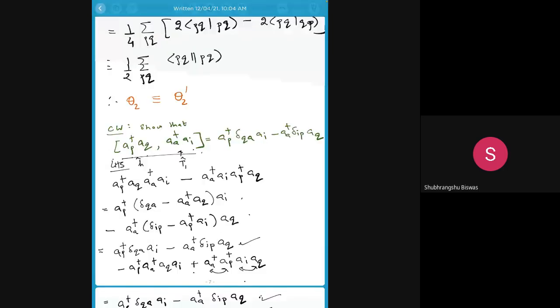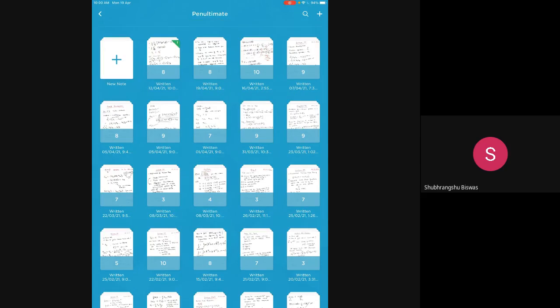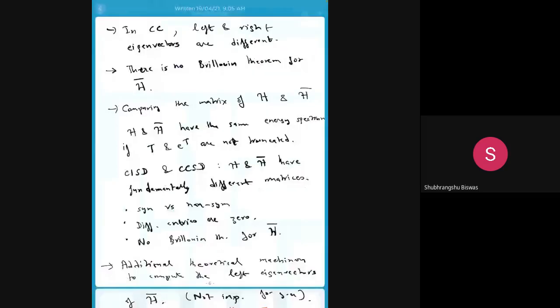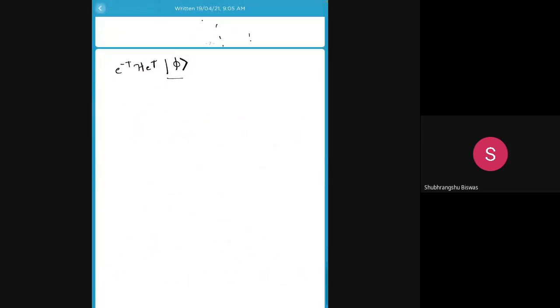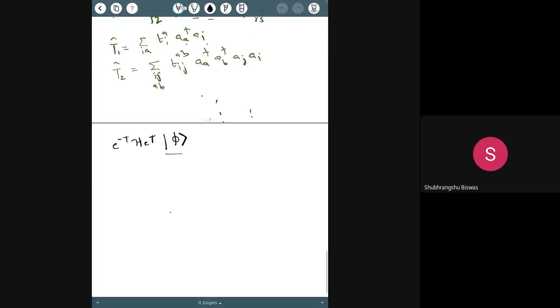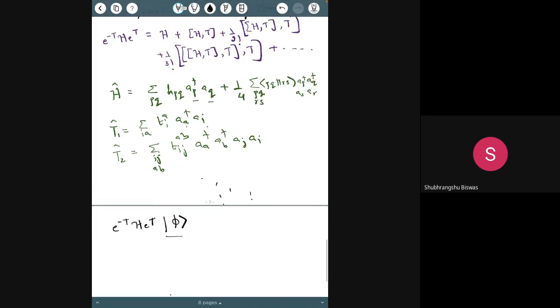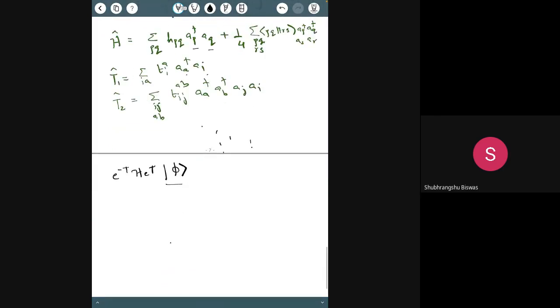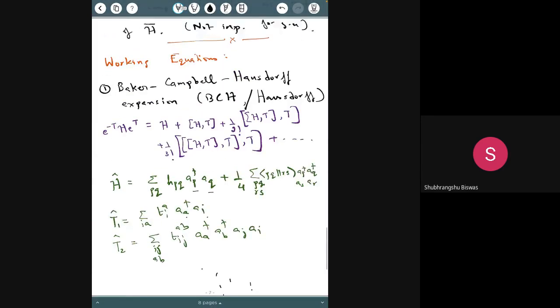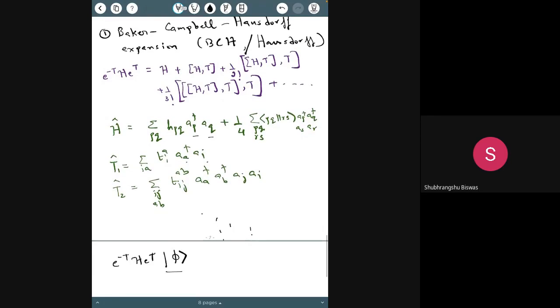So if you think about that, then you can sort of feel that the Hausdorff expansion with nested commutators will help in reducing the length of the string step by step.